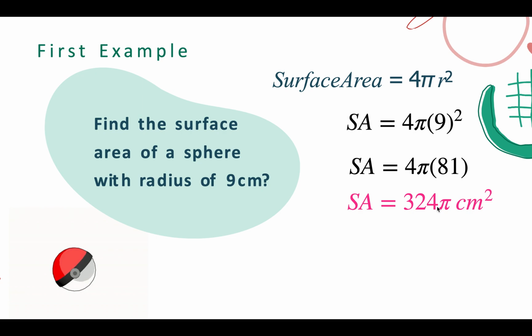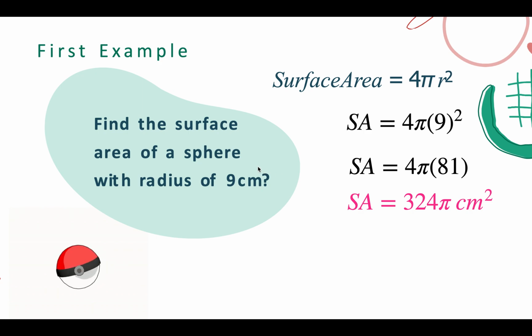But if you want to use 3.14 for pi, it's okay. As you multiply 324 times 3.14, please do not use the equal sign. Just use the approximate value sign. But if I were you, just simply use pi.